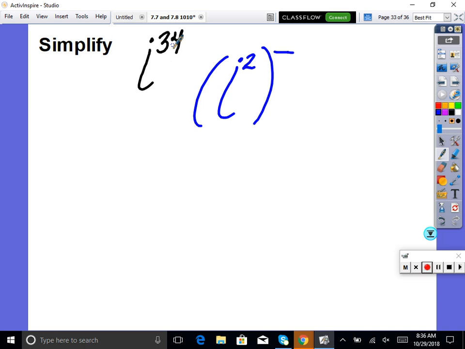Raise a power to a power and you multiply. So 17, that is equivalent. Now don't we know this is actually just -1 to the 17th power? You guys see what I'm kind of going for there? Then -1 to an odd power will be -1, right? There's many ways to do it though, yes.